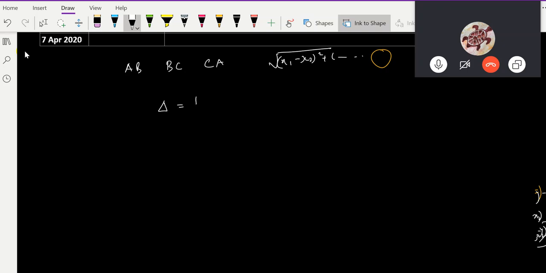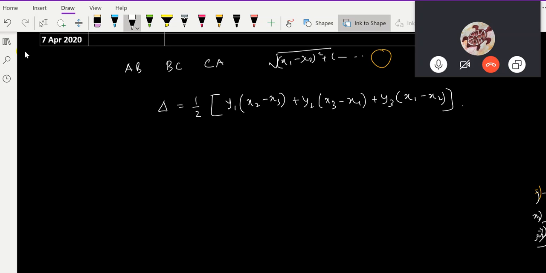But instead of that, if you use this formula, y1 into x2 minus x3 plus y2 into x3 minus x1 plus y3 into x1 minus x2, you can straight away find it out, isn't it? Okay, sir. So this is the simplest way.